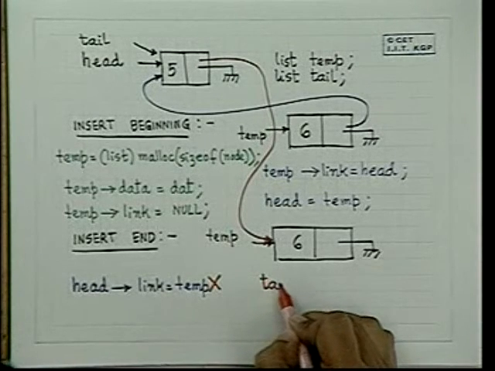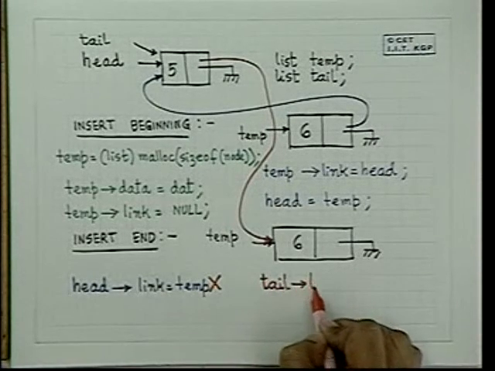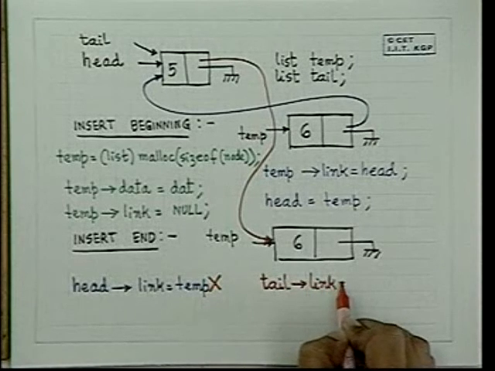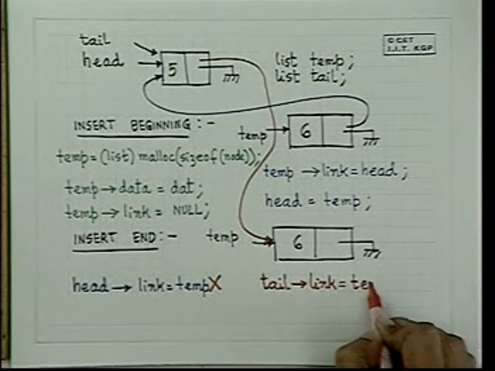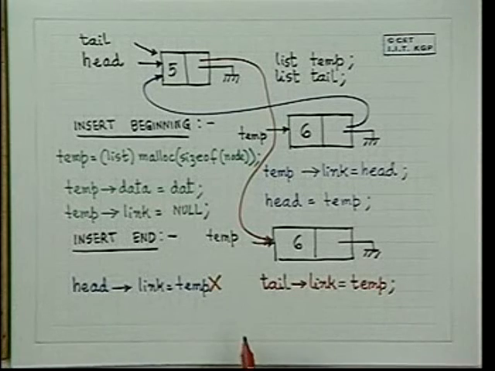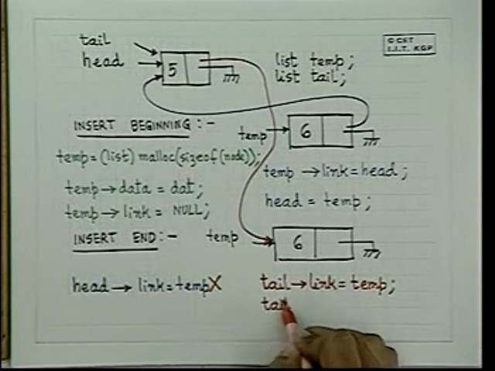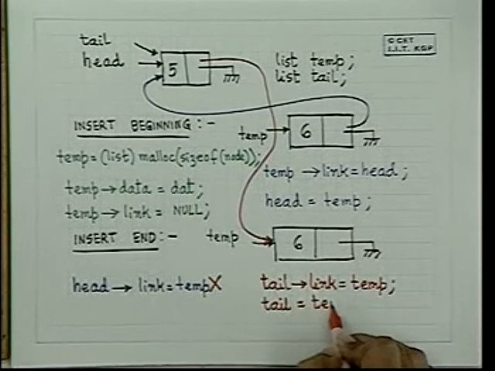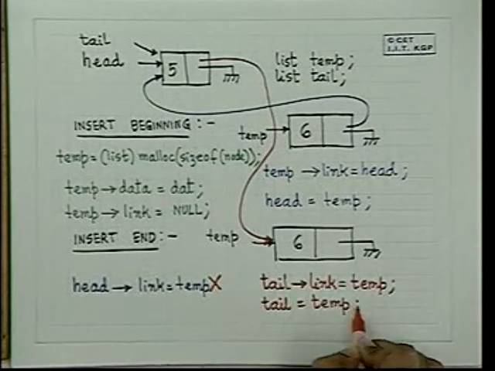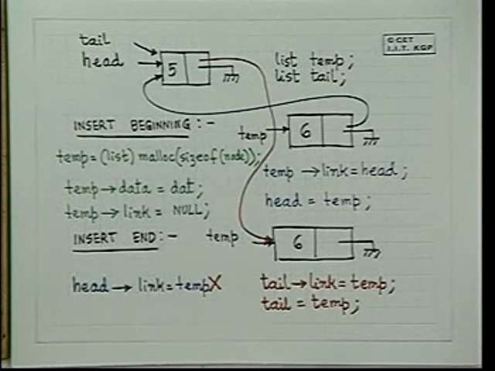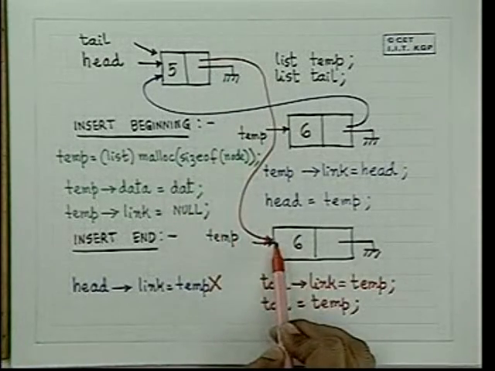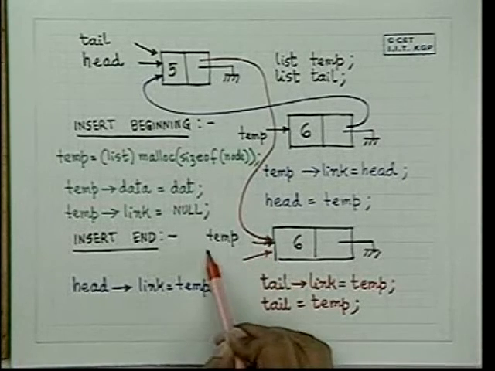Tail dot link is equal to temp, and the next will be tail is equal to temp. So tail dot link will be temp, and this will become tail.